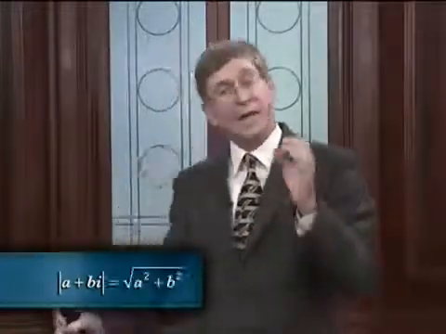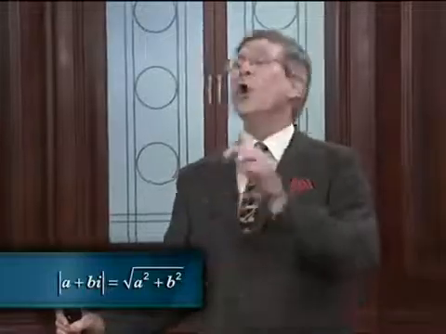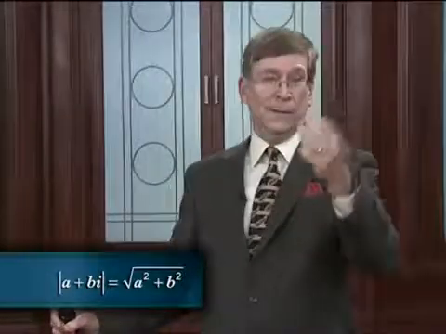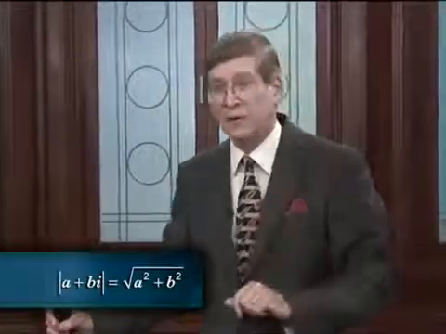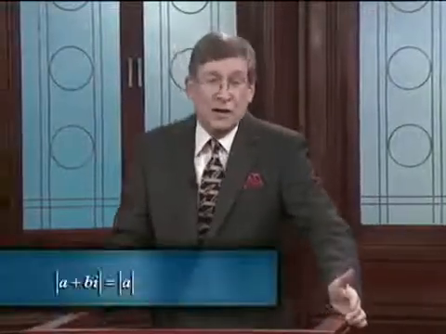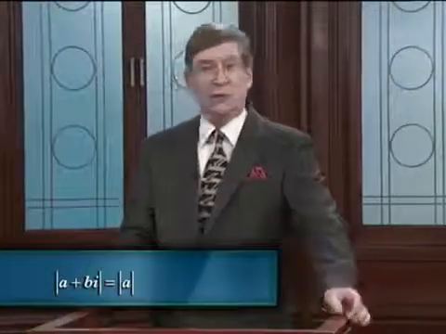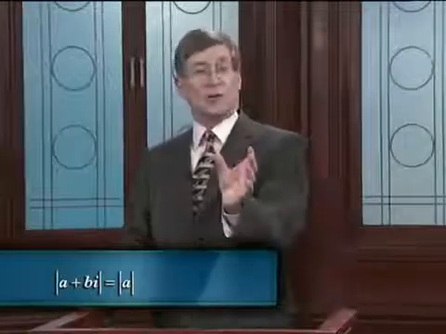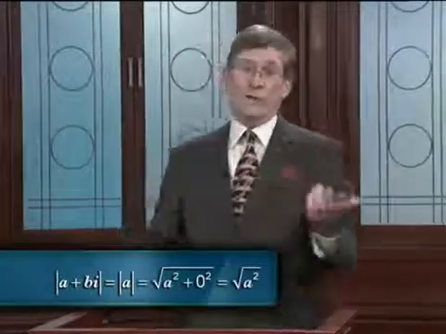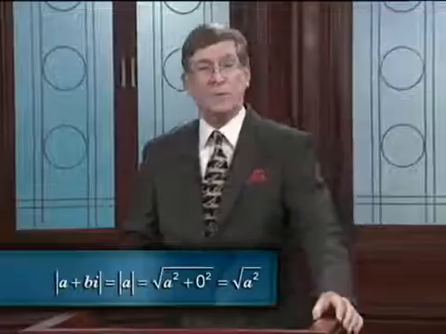That's defined to be the square root of a squared plus b squared. That comes from, of course, the Pythagorean theorem. In particular, if your imaginary component b is 0, then of course you get the ordinary absolute value that we've learned to love in mathematics, the absolute value of a, or if you want, the square root of a squared.